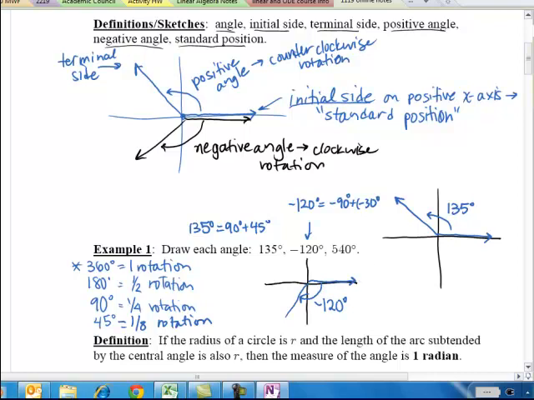And then 540 degrees, we'll sketch over here. We've got more than one rotation, right?